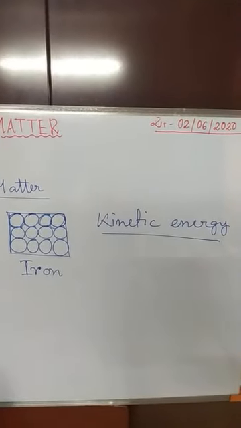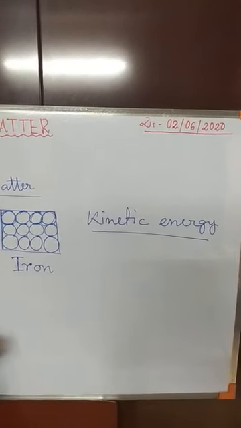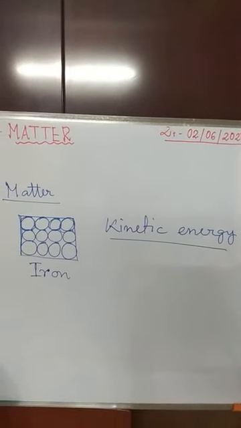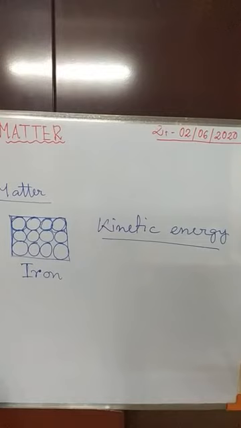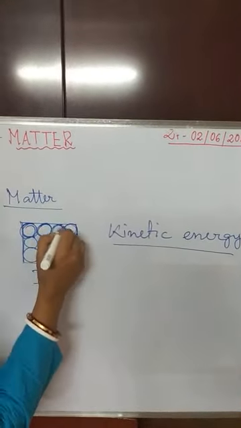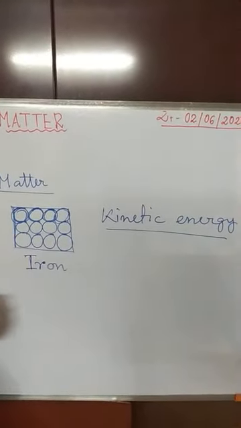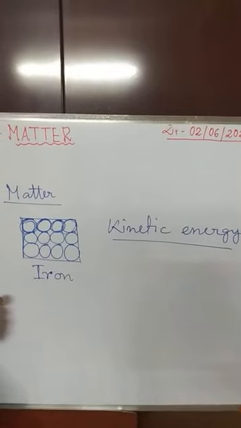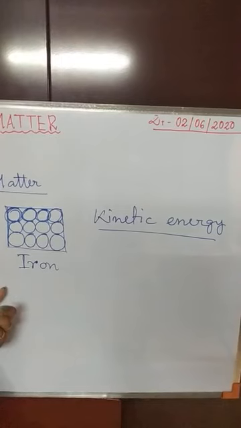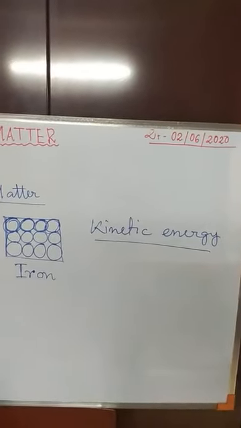Though this kinetic energy is different for different kinds of matter, and accordingly the movement between the particles will be different. If the kinetic energy is more, then the movement will be more, and if the kinetic energy is less, then the movement will be less.